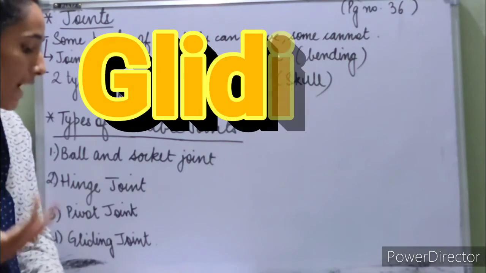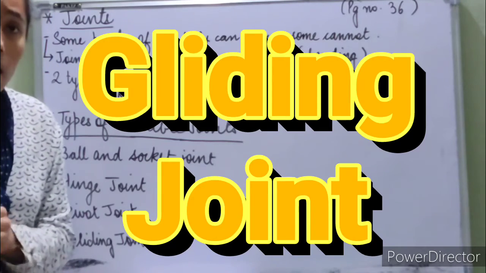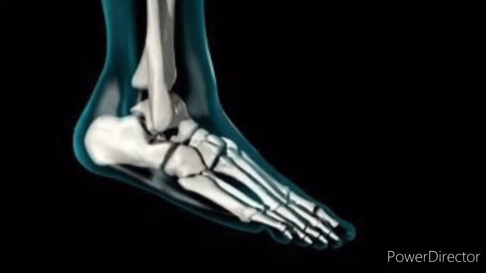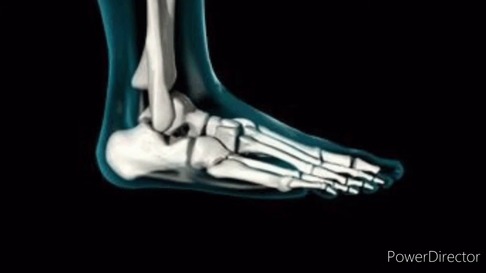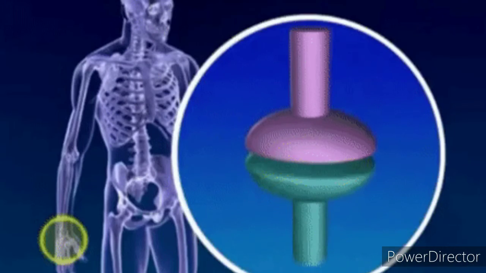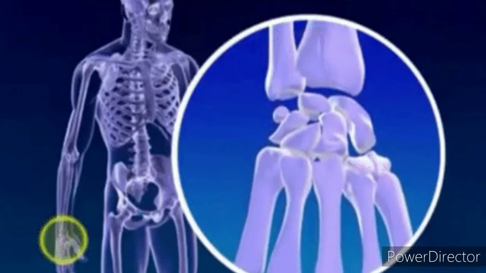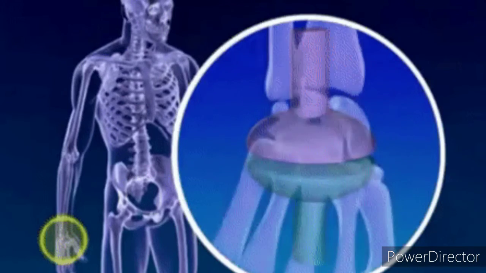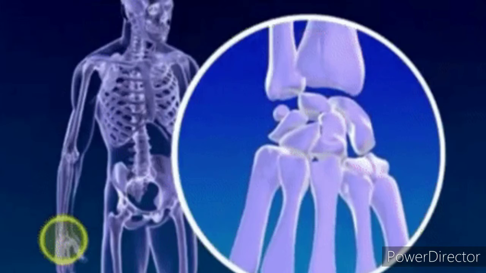Now we will learn about gliding joints. We have gliding joints in our wrists and our ankles. In this joint, the bones glide on one another in any direction. For example, we are easily able to rotate our wrists.